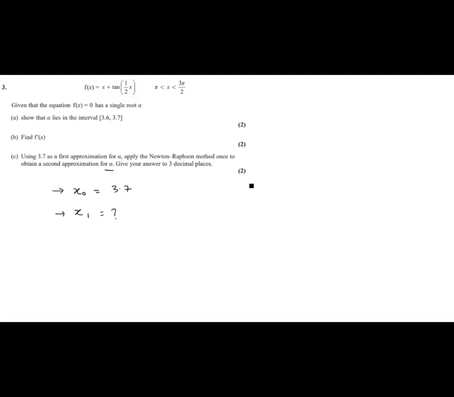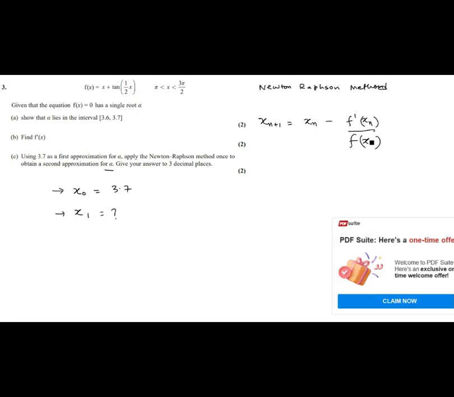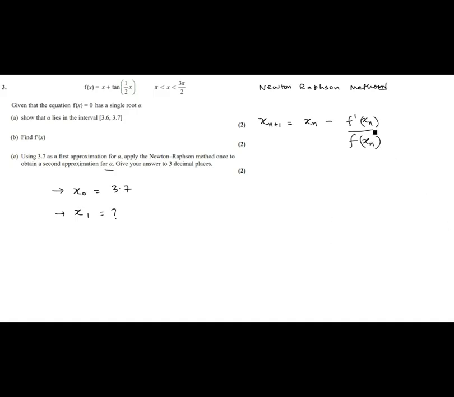So just for reference, Newton-Raphson method is given by x n plus 1 equals x n minus f dash x n over f x n. Let me quickly double check this because sometimes I get confused and swap the two.